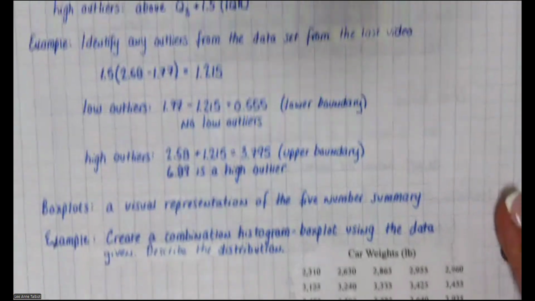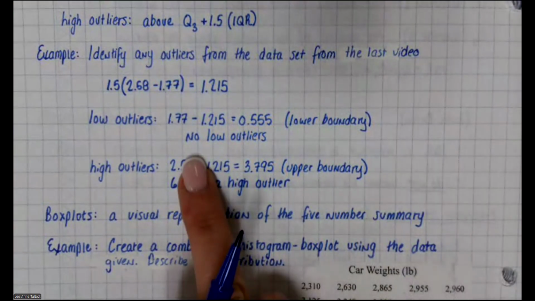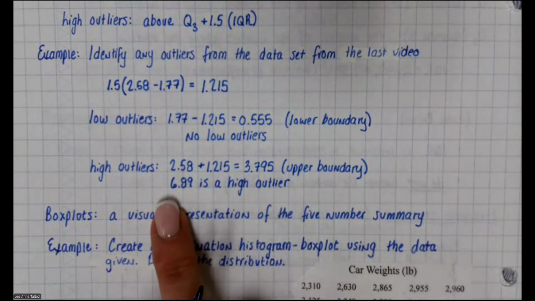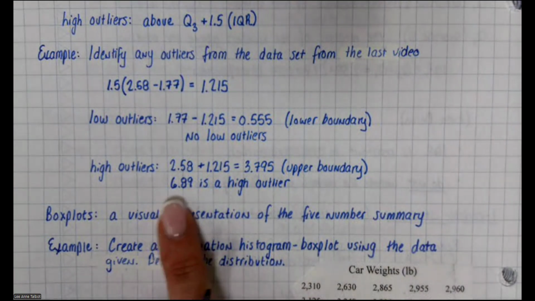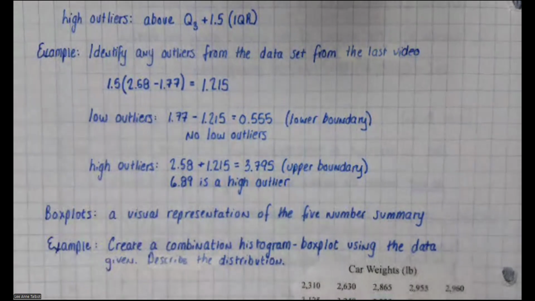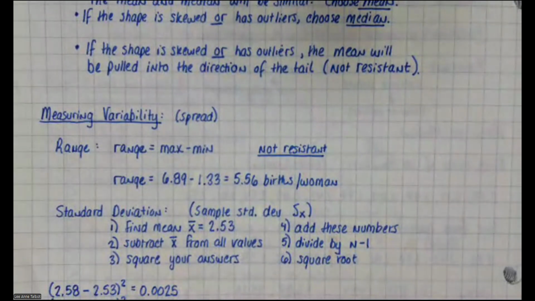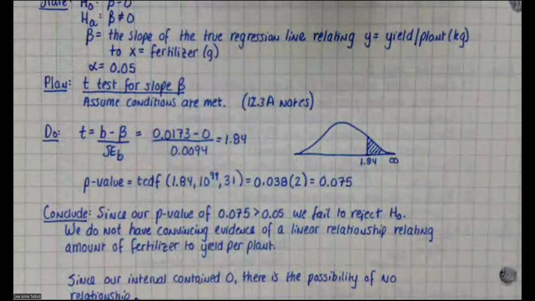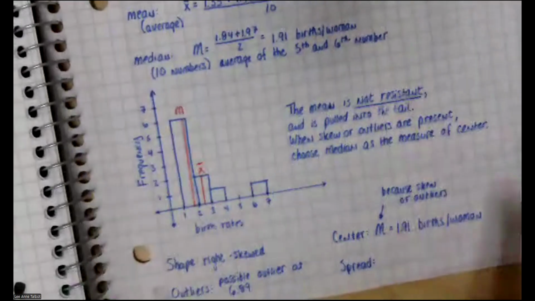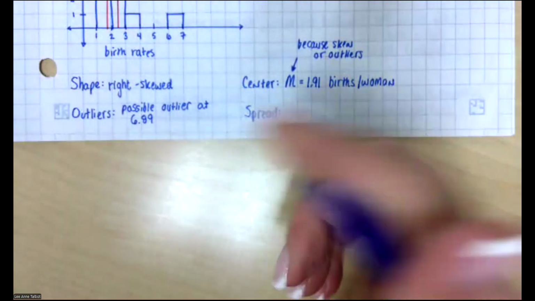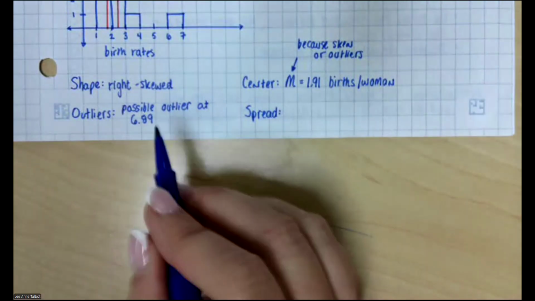Okay, so we determined that my data set had no low outliers, but that it had one high outlier at 6.89, which is not really shocking because we saw that gap and I happened to tell you in the previous video that it probably was. So what we're going to do now is I'm going to go back to soft and I need to update this.